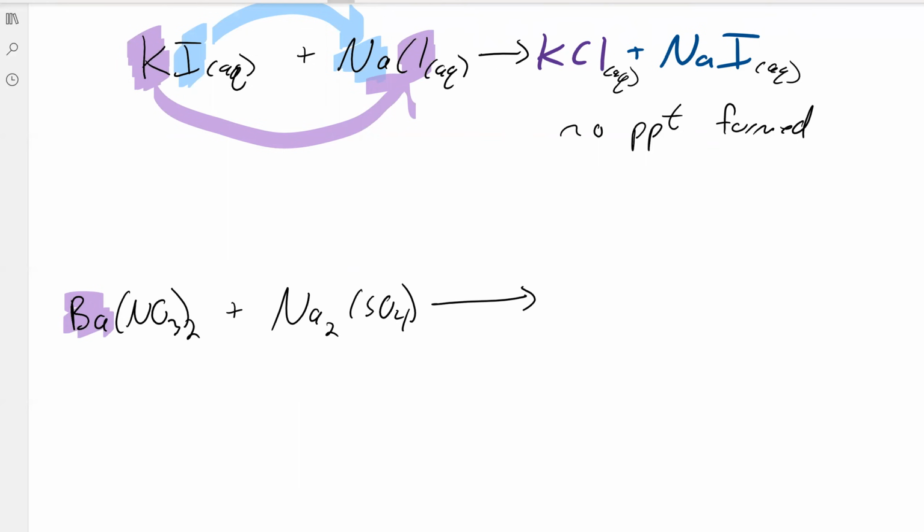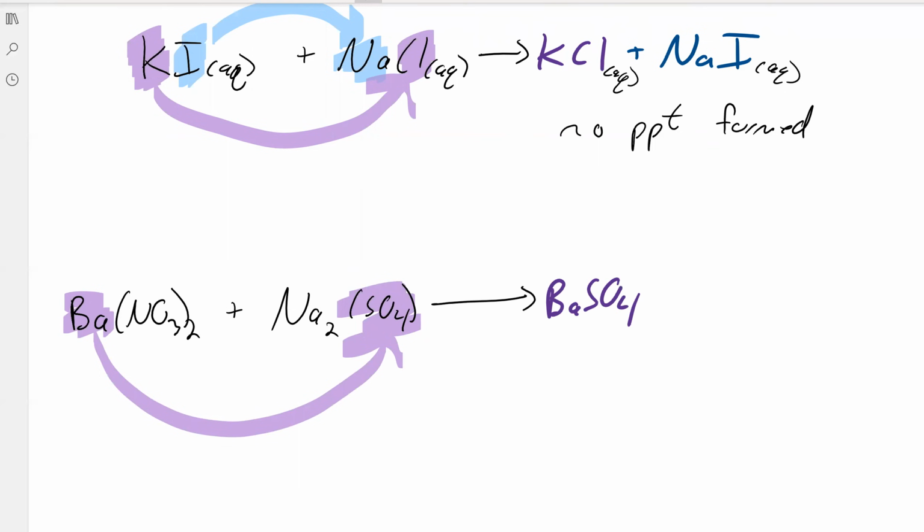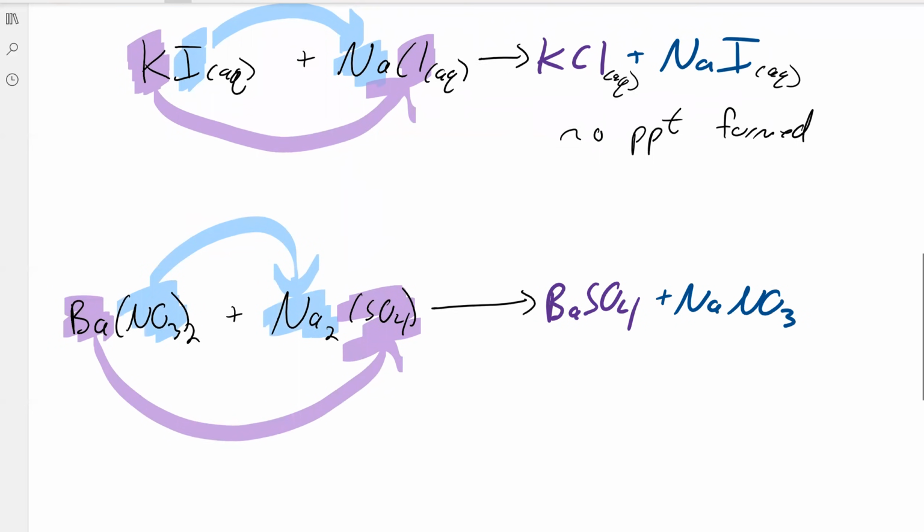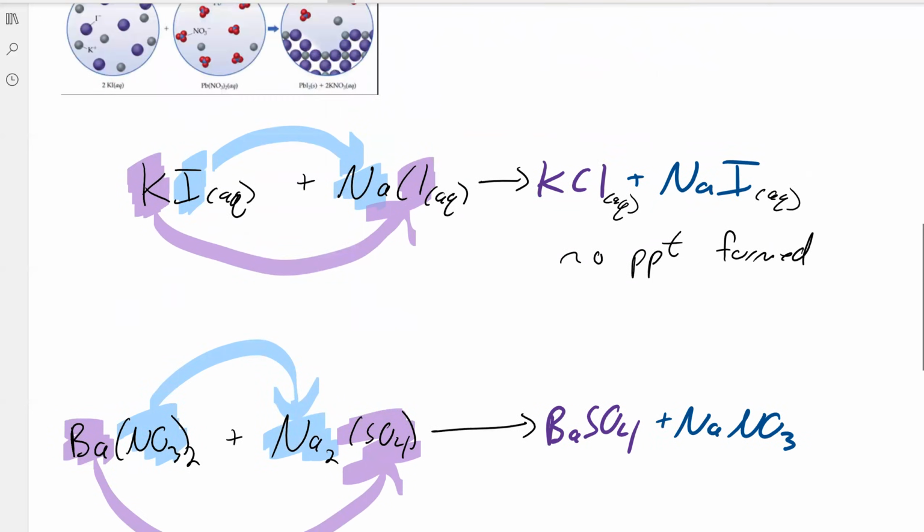So we'll take this barium, which is the cation, and mix it with the anion to form barium sulfate. And then we'll take this nitrate and mix it with the sodium to form sodium nitrate. Notice that in my equations, the cation always comes first. And then we take a look at whether any of these are going to be forming precipitates.